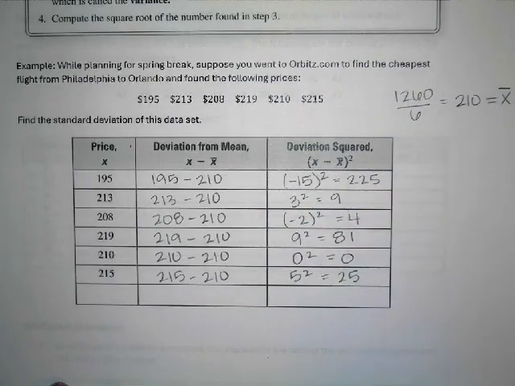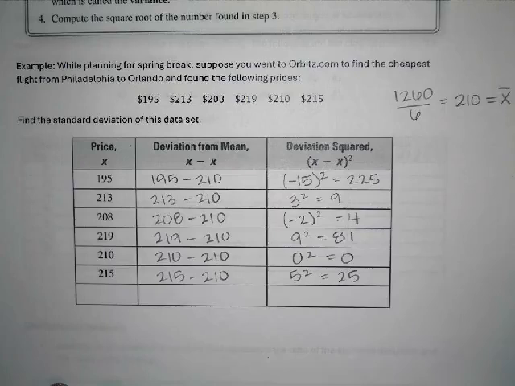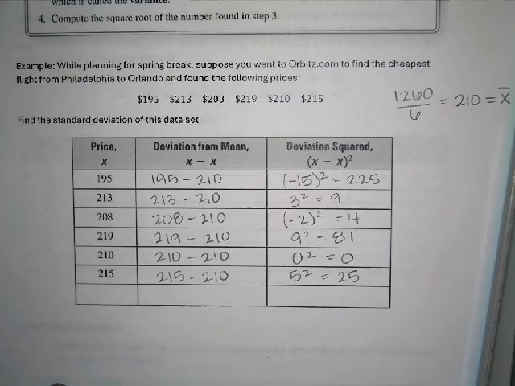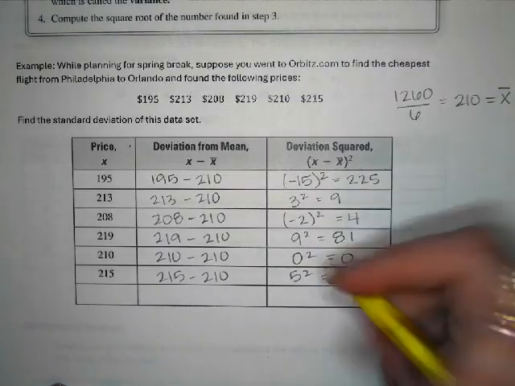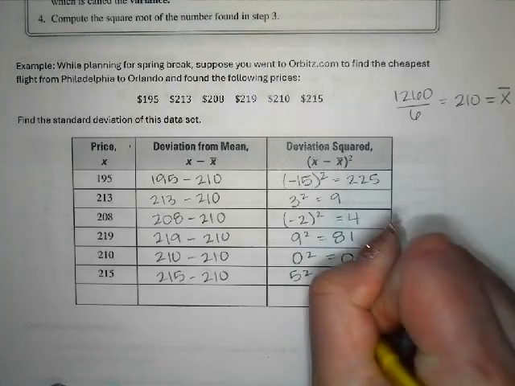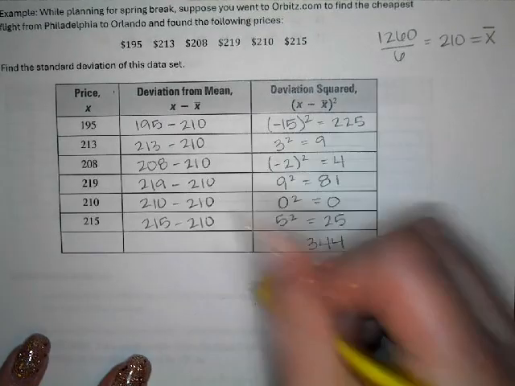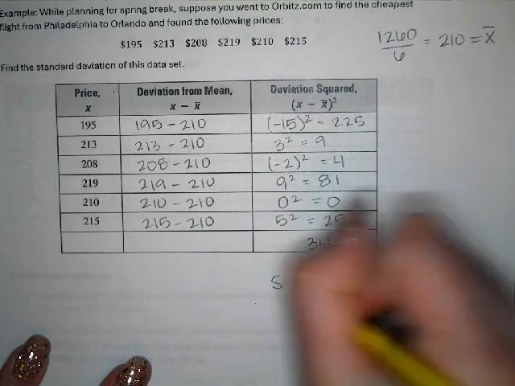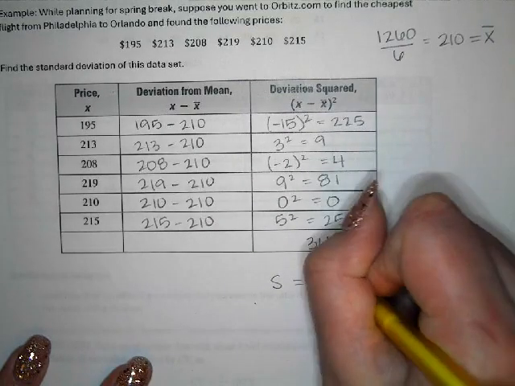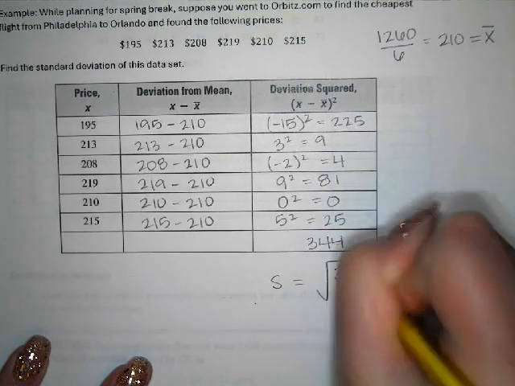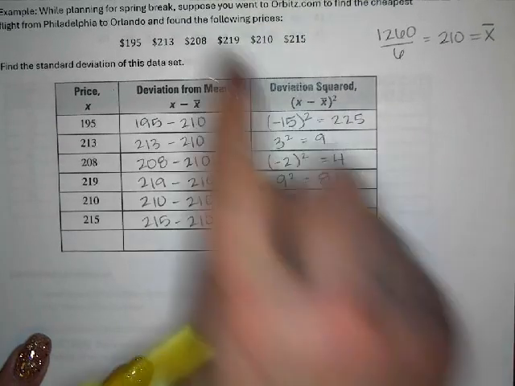Now I'm going to add all of these up. 225, 9, 4, 81, and 25, and I get that my sum is 344.